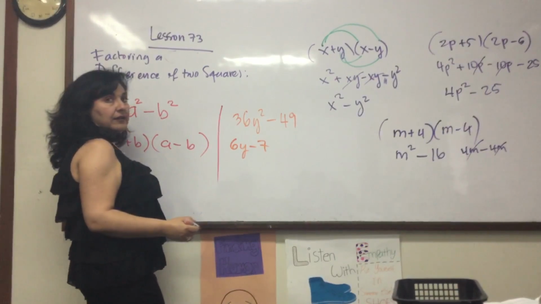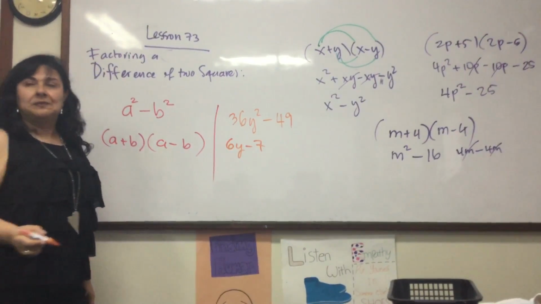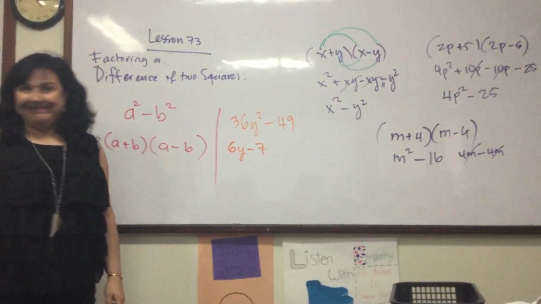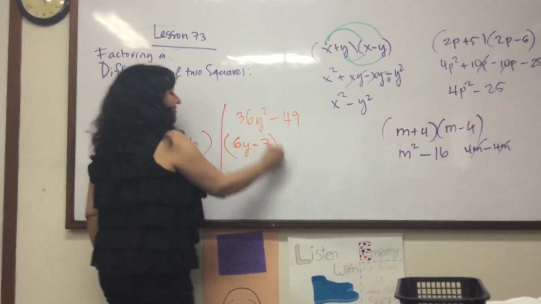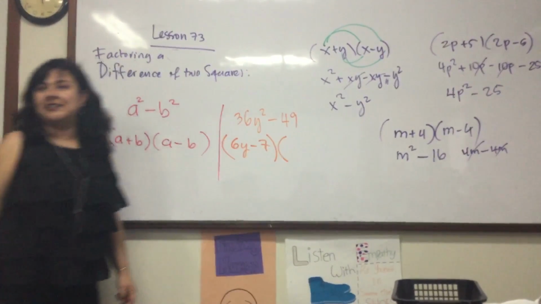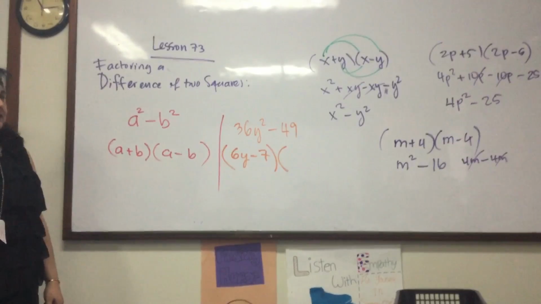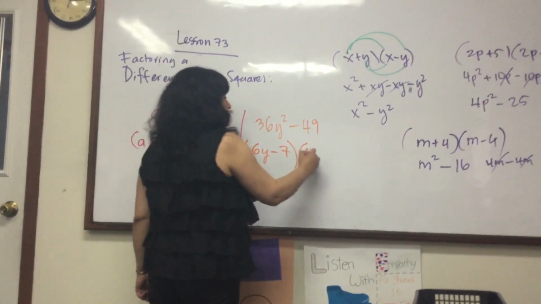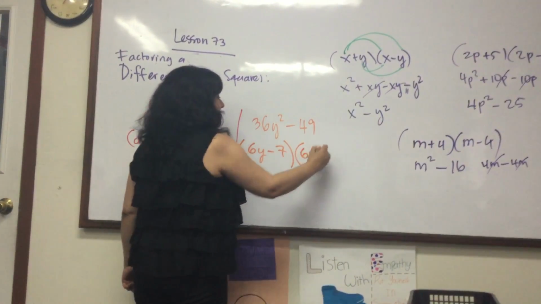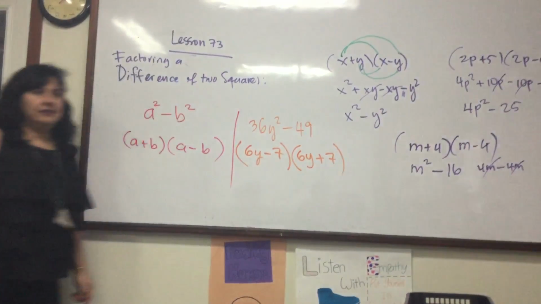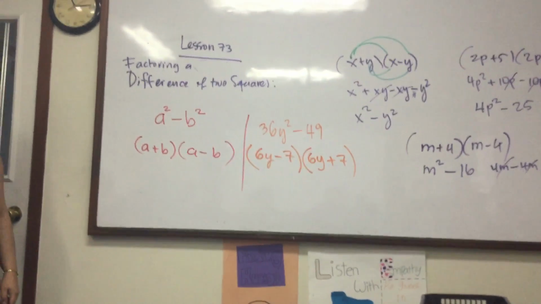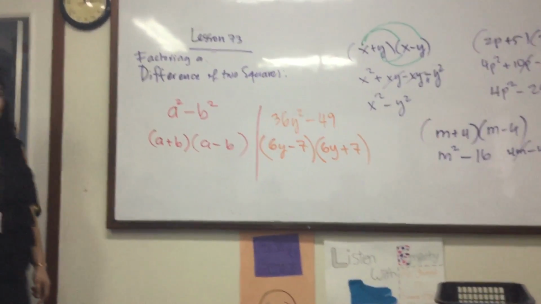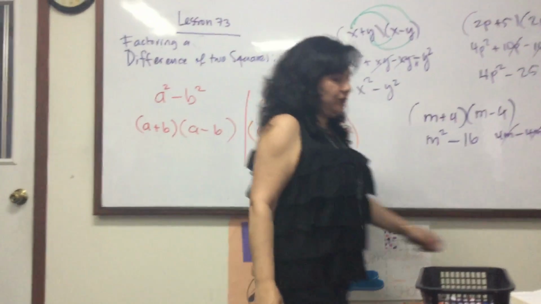You're missing the parentheses. It's 6y minus 7 times 6y plus 7. Make sense? And you have just factored a difference of squares.